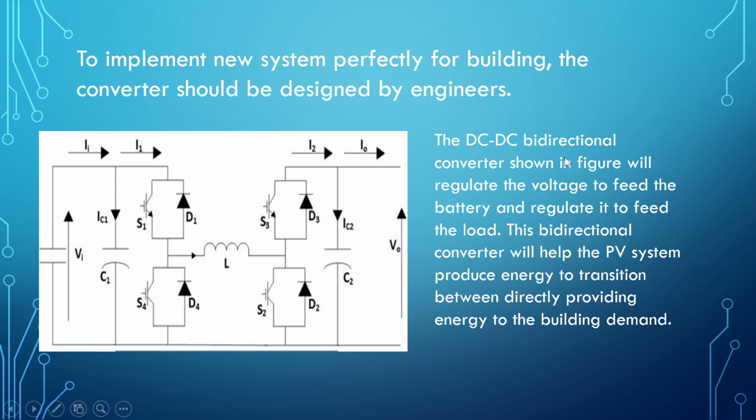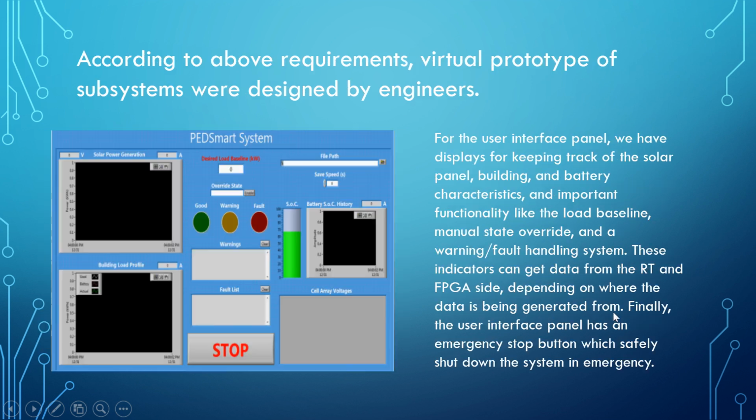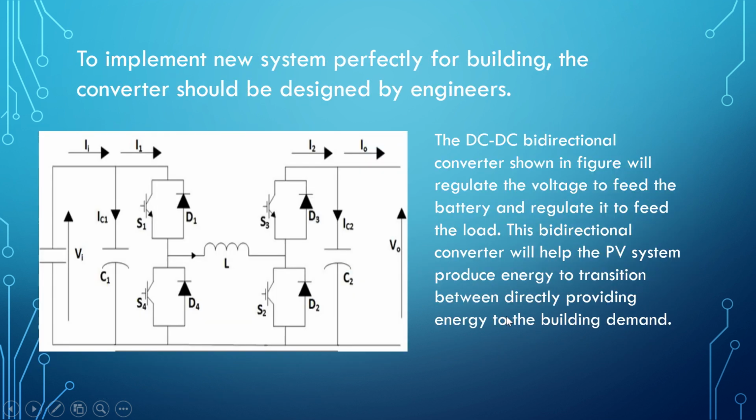The DC-DC bidirectional converter shown in the figure will regulate the voltage to fill the battery and regulate it to feed the load. The bidirectional converter will help the system transition between storing energy and directly providing energy to the building demand.